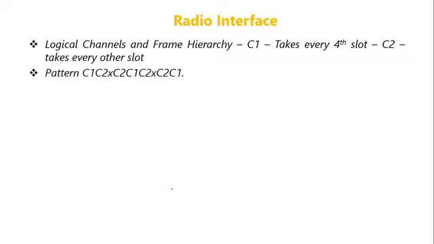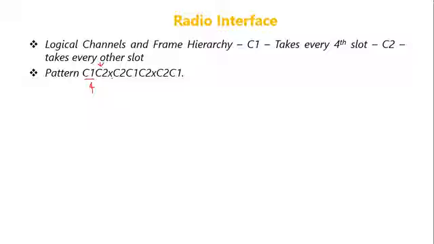Okay. So this can be represented by using this pattern: C1, C2, X, C2, C1, C2, X, C2, C1. How, in the sense? We said that C1 will take every fourth slot, so just assume this is the fourth slot. And C2 will take every other slot. So if the previous slot is C1, the next slot should surely be C2, because C2 will take every other slot.